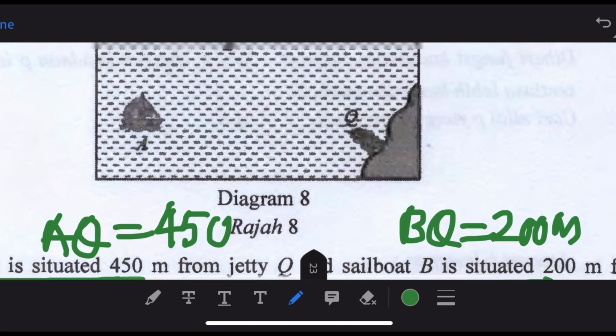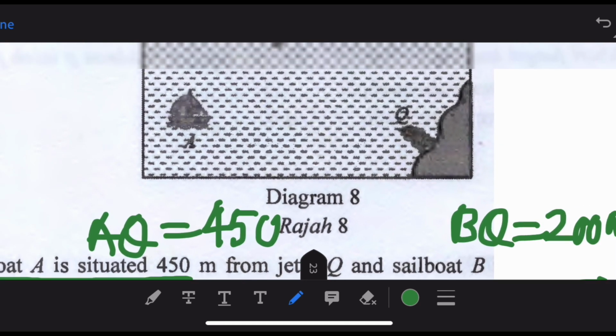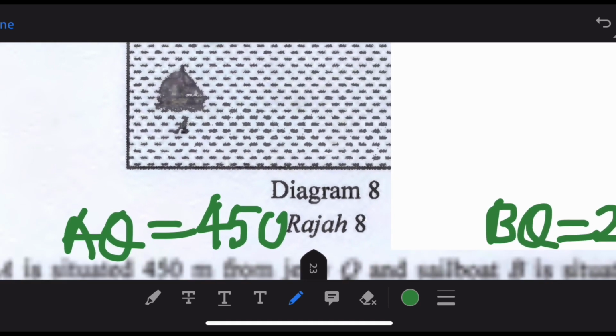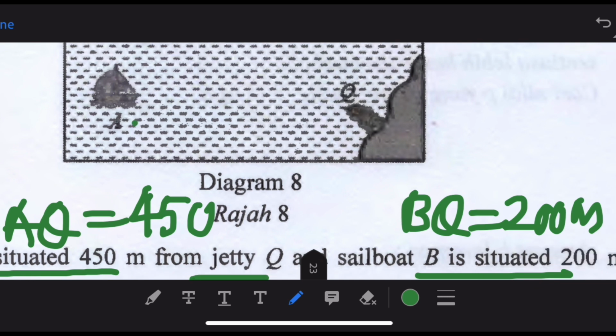So you have to label accordingly. Now we will try to figure out the A to Q and then Q to B, following the direction. This is A to Q, and the distance is 450 meter, and I'm not sure about the unit, later we'll double check.